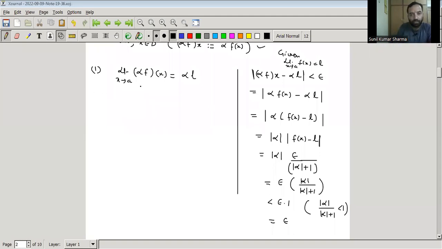So now we write the textbook proof. Given limit x goes to a, f of x is equal to L. This is given, so we can use the epsilon delta definition.